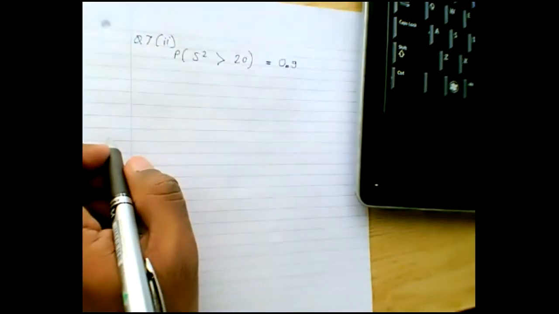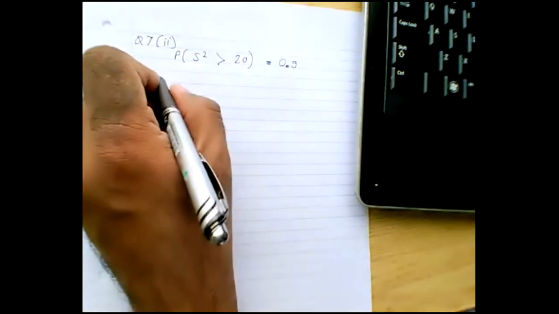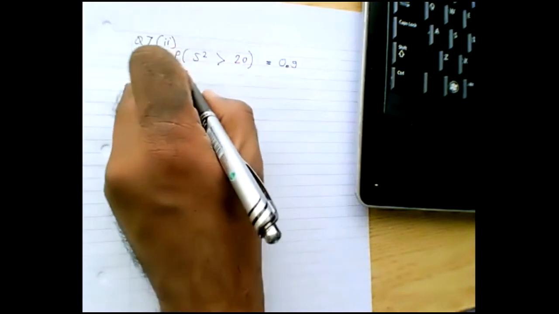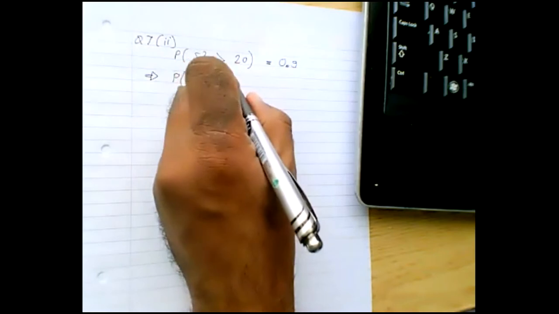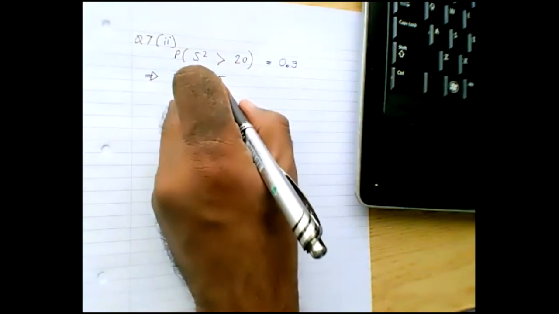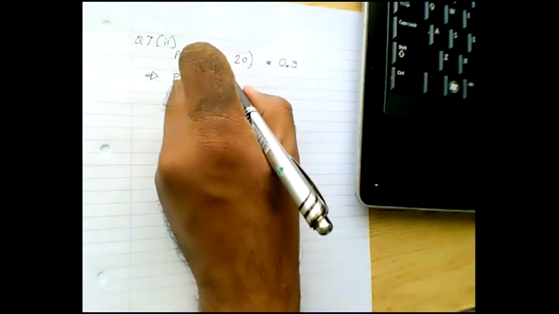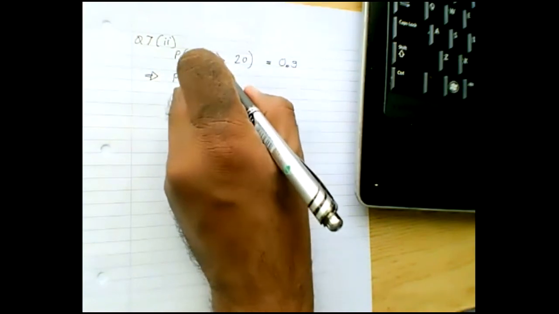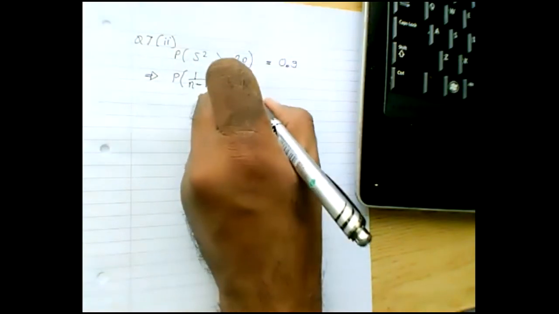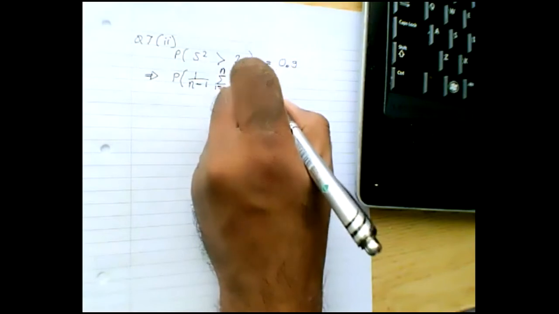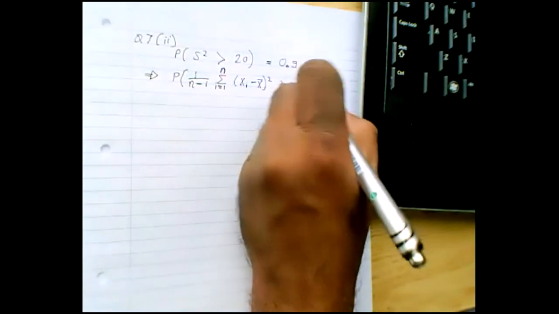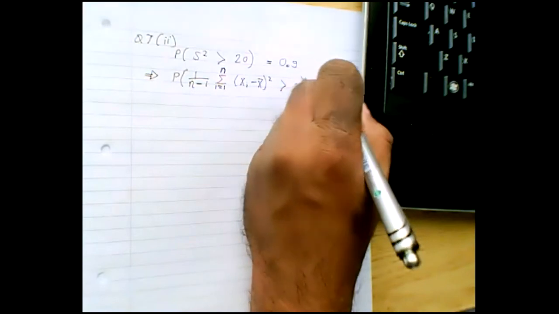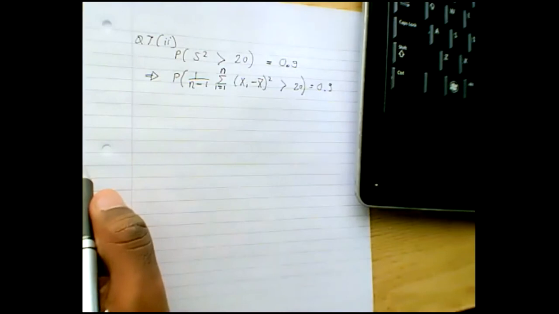All right. So that's the same as saying, remember the formula for s squared is 1 over n minus 1 times the sum from 1 to n, greater than 20 is 0.9. Okay. All right, guys.